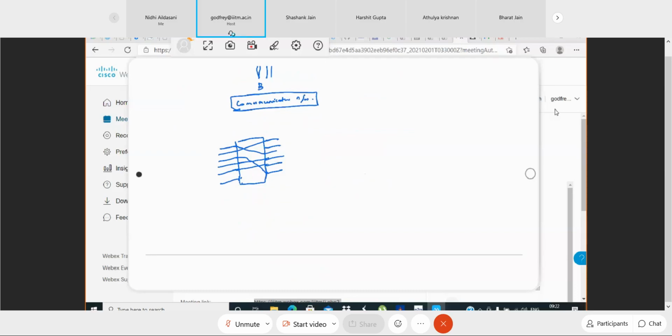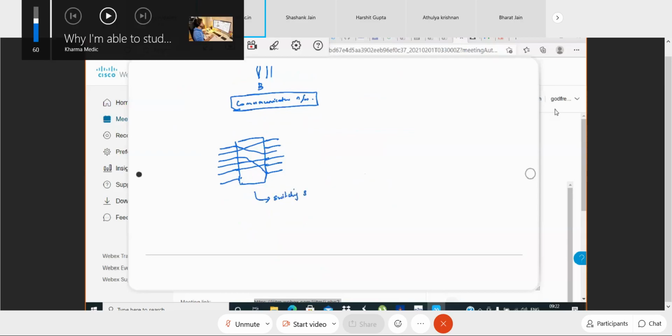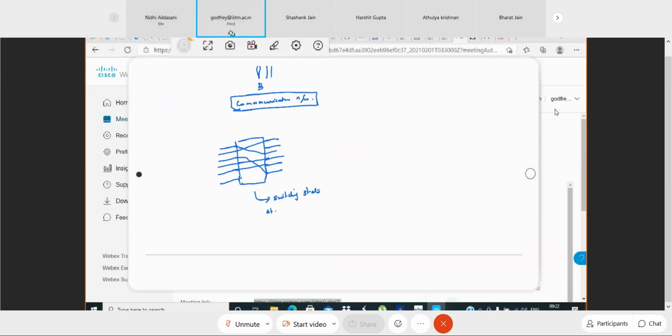With respect to the switching system, we also define something called a switching state. The switching state defines, at any moment of time, what the exact picture of the switching system is, right? So what is connected to what.